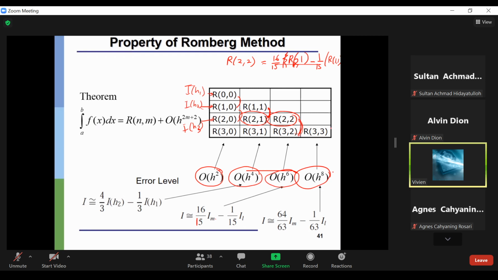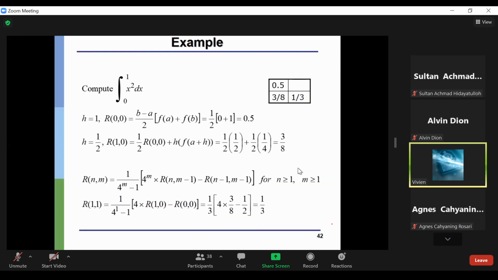To calculate the new area, it will be 64 over 63 times the integrated area of more segments, which is R32, minus 1 over 63 of the integral using fewer segments. So that will be R22. Okay, so this is how to get a more accurate result to the higher order level.